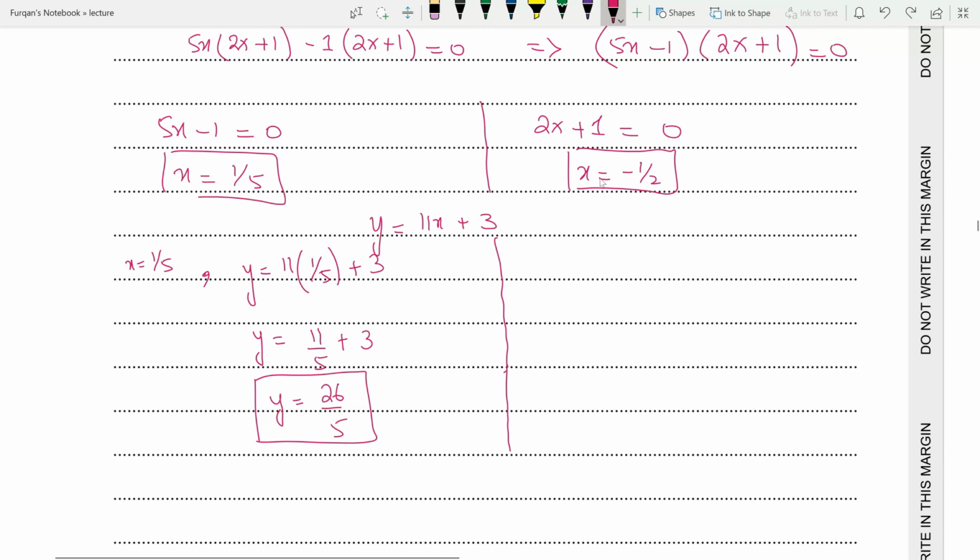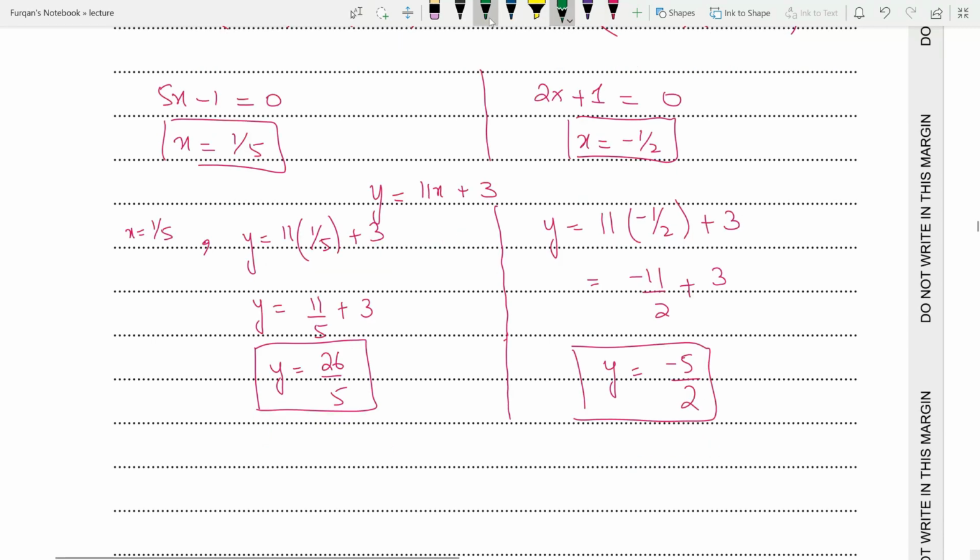On the other side, when we plug x equal to negative 1/2, y will be equal to 11 times x plus 3, which is negative 11 over 2 plus 3, and this will be equal to negative 5 over 2.